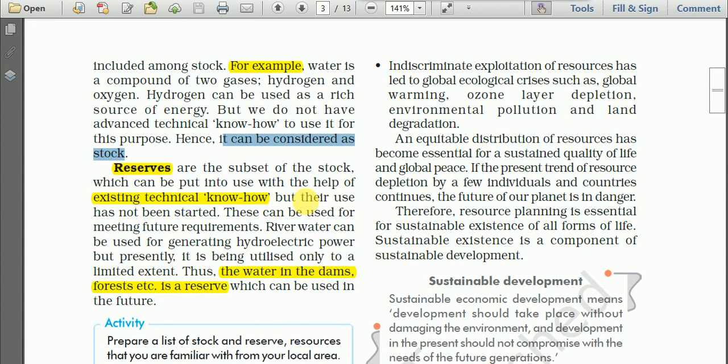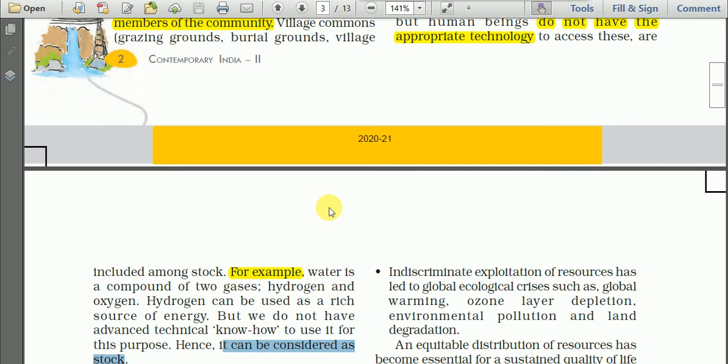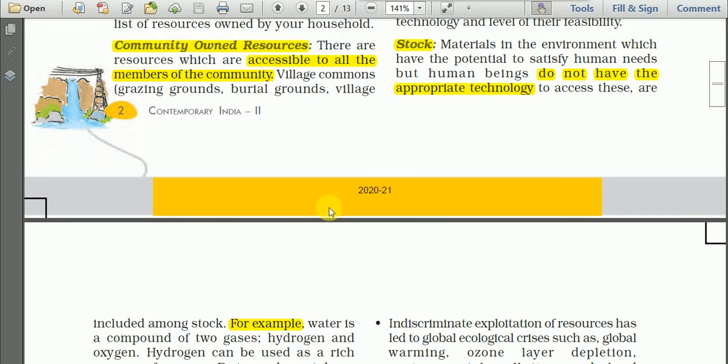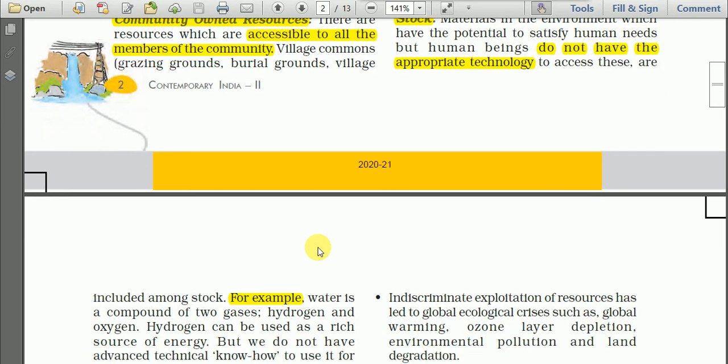So this is an example of stock. Remember, the material which is found in the environment and which can satisfy human wants, but human beings do not have the appropriate technology to utilize it, is known as stock.